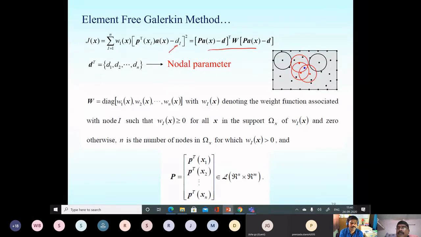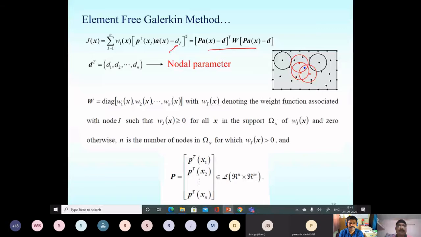So all the red points are covering this, which means there are three nodes which influence this point. Those nodes will come into the picture when we take that particular sum over J of x. For the rest of the nodes, w will be 0 at this point. So that's how we select the domain of influence.